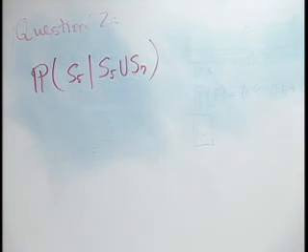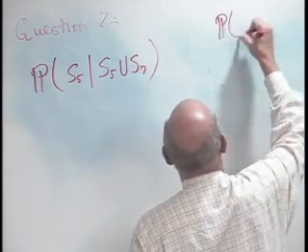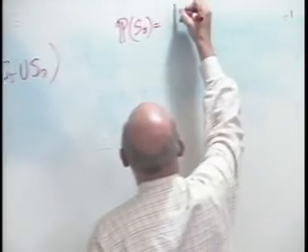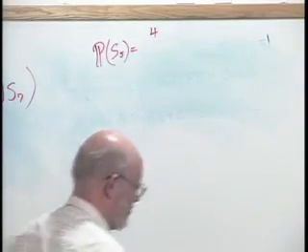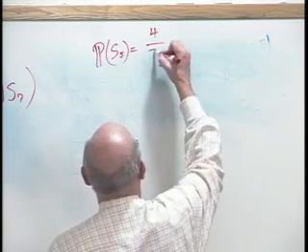There are lots of ways to do this problem, but this is probably the simplest. Well, the probability of a 5 is the 4 ways of rolling a 5, which are 1,4, 2,3, 3,2, and 4,1 over 36.